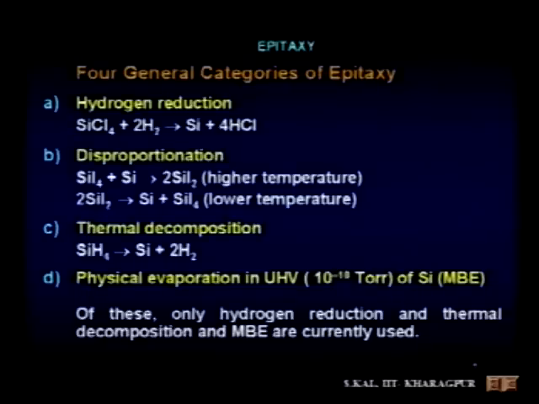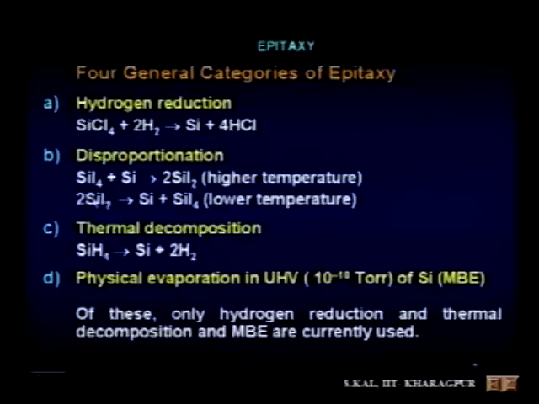In this particular case, the precursors are all in vapor form. The first one is the hydrogen reduction equation. There we use SiCl4, which is silicon tetrachloride, and with hydrogen it reduces to silicon and HCl: SiCl4 plus 2H2 gives silicon plus 4HCl.